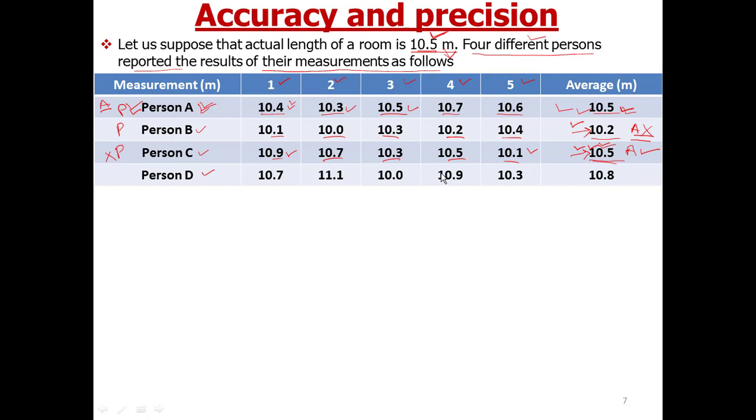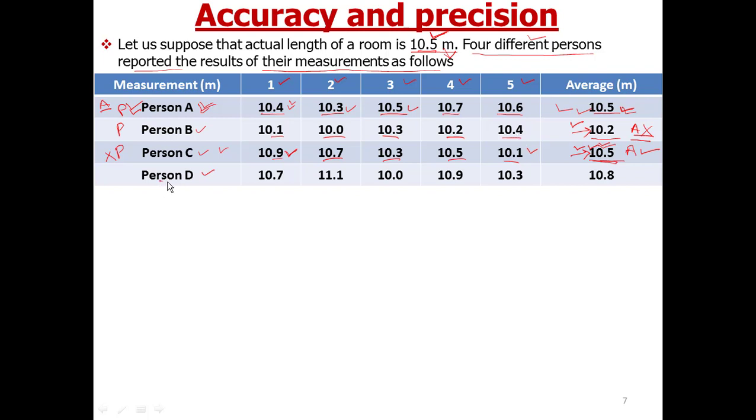The measurement of person C was not precise, but by luck his average value came close to the real value. So in scientific measurements, a measurement is acceptable if it is both precise as well as accurate.